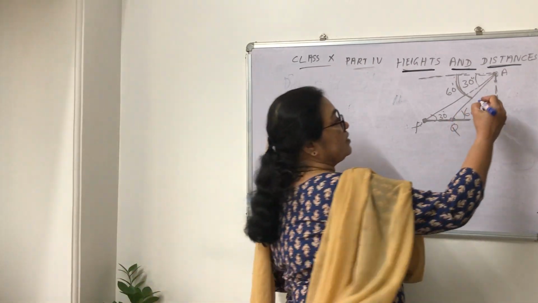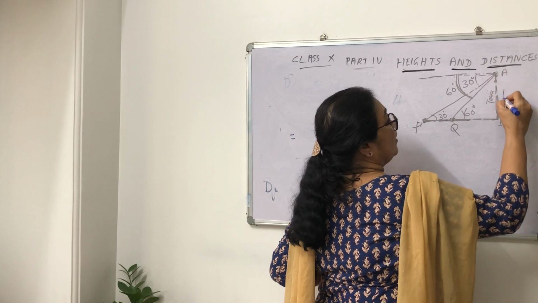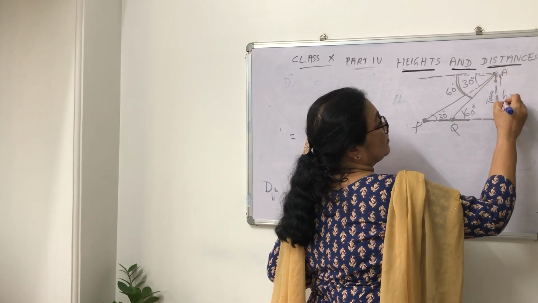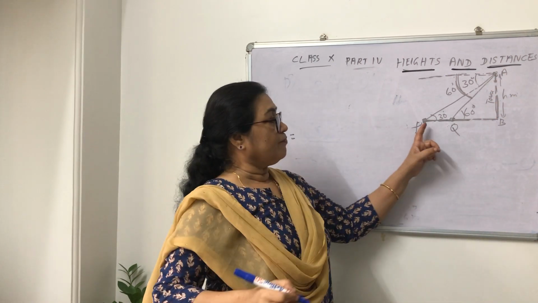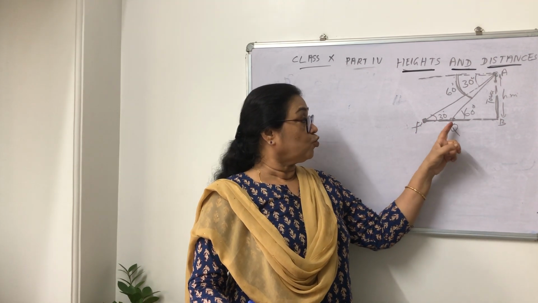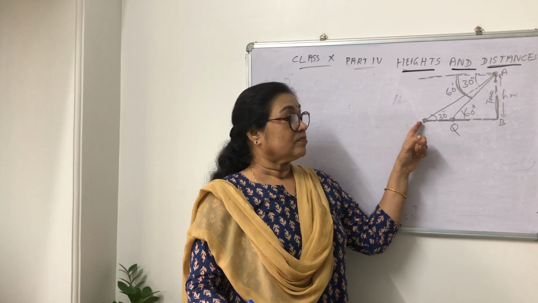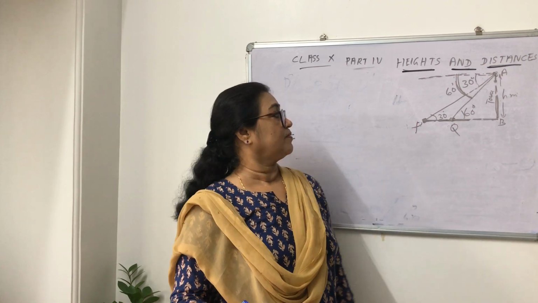So this is our tower. h meter is the height of this tower. And the time taken to travel from P to Q is 6 seconds.